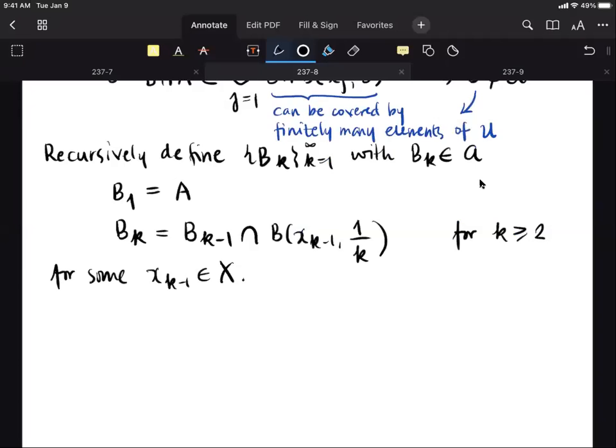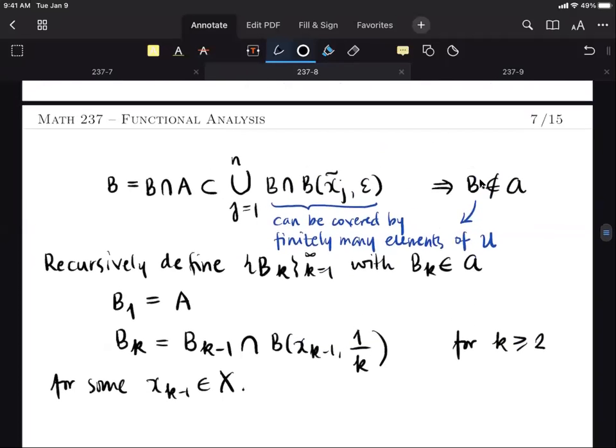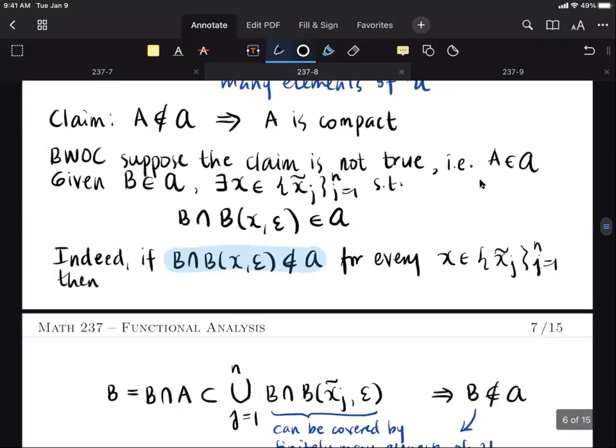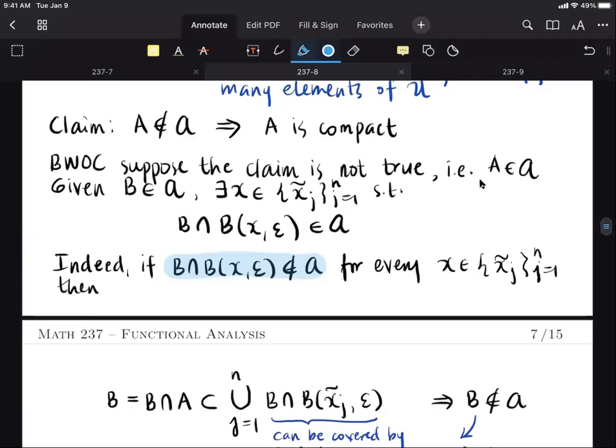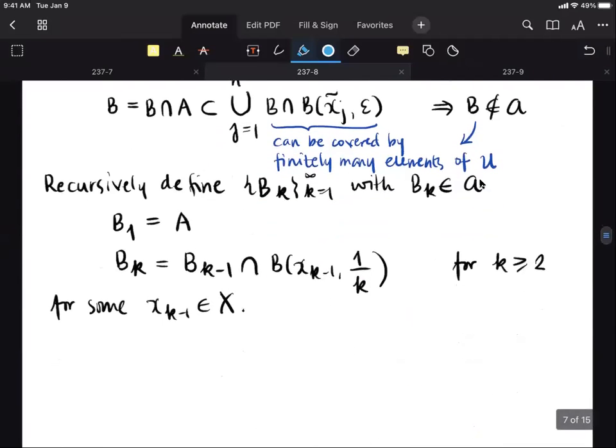So in general, they are in X. This is well defined because we said that if B is in A, then you pick an epsilon, you can find the intersection of this B with a ball is also in A. So you take this B as the previous set and you define recursively, by modifying your epsilon to be 1 over k at each step.